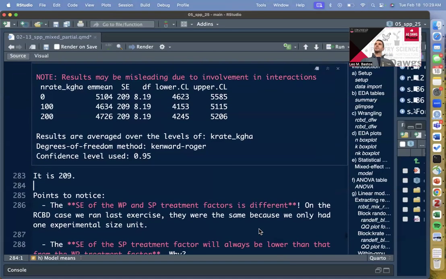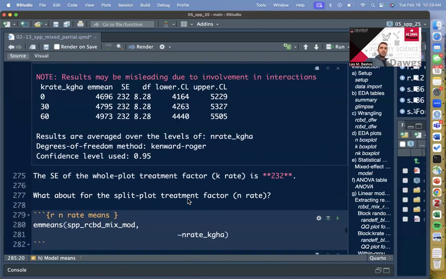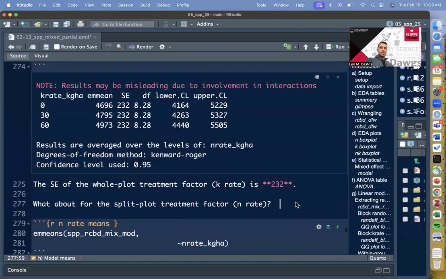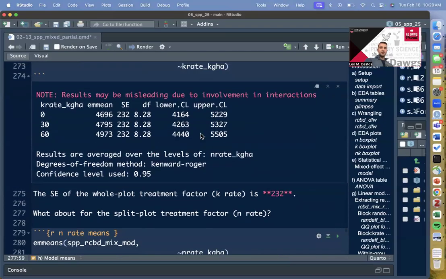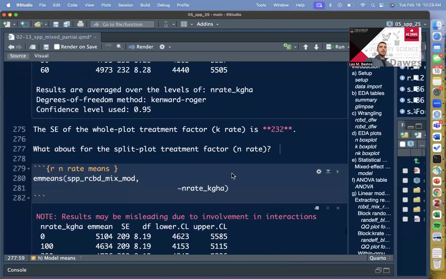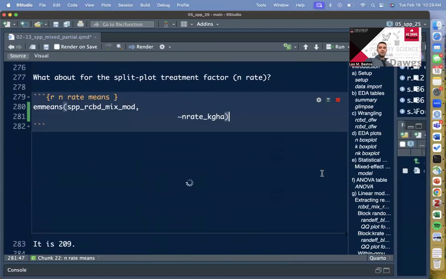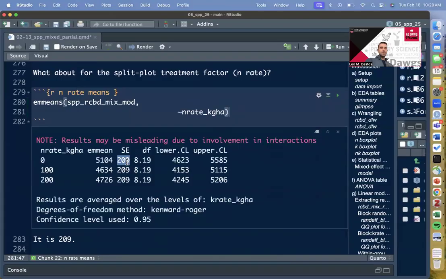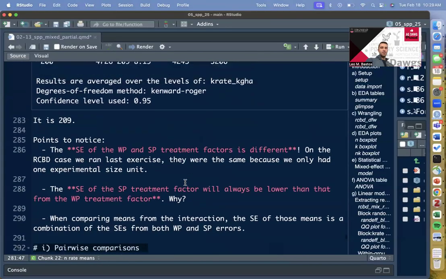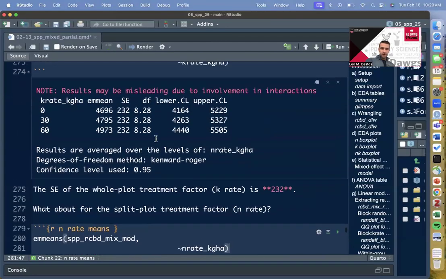If you do one more split, like potassium, then the standard error will decrease, right? You would expect that because it's a subplot. Yeah, that's a good point, Aman. Perhaps I failed to point it out. As we were expecting, the error associated with nitrogen is lower than the error associated with potassium above here.